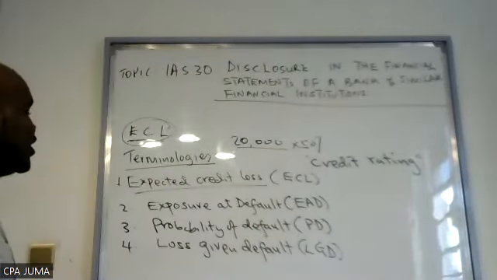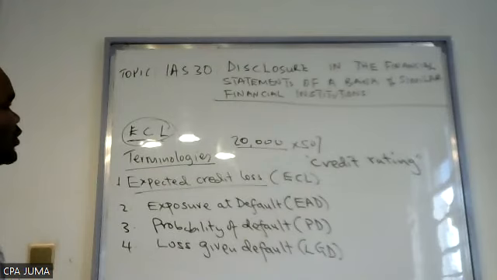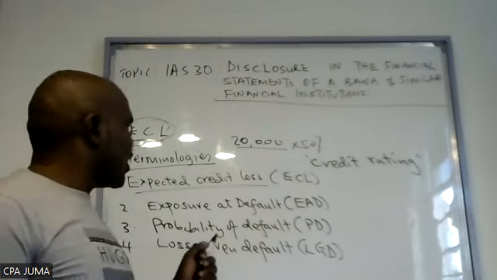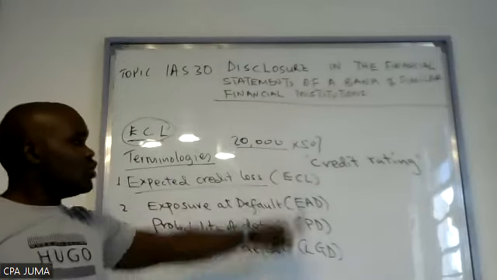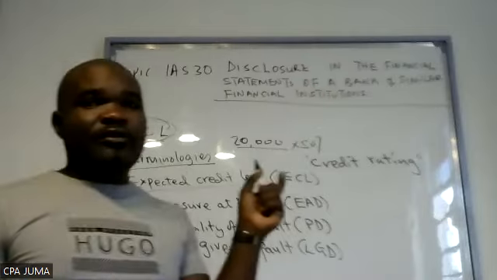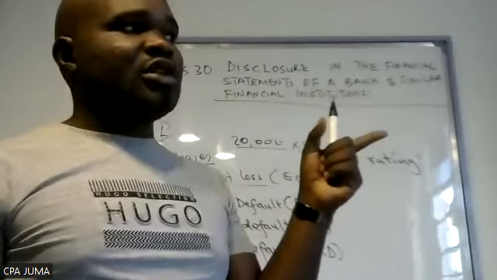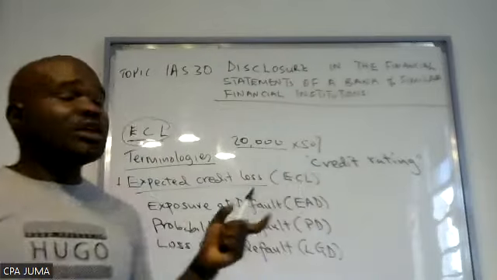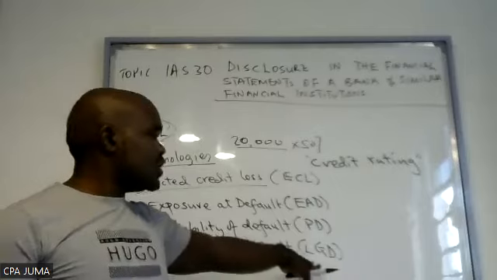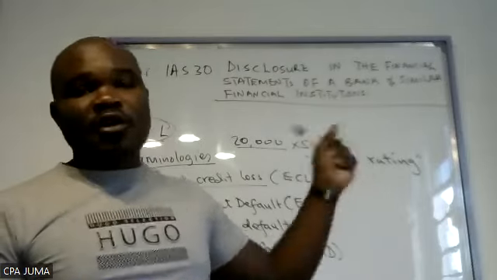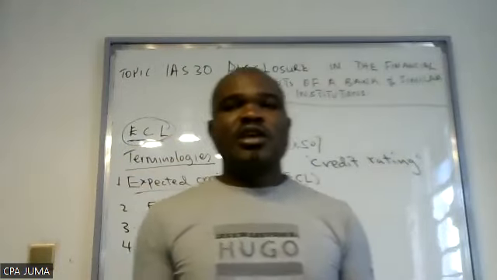So LGD sometimes can confuse you, it can confuse someone with ECL. Because ECL is the doubtful debt itself, the amount you expect, that doubtful debt. But the only difference between LGD and ECL is that LGD is normally in form of percentage.